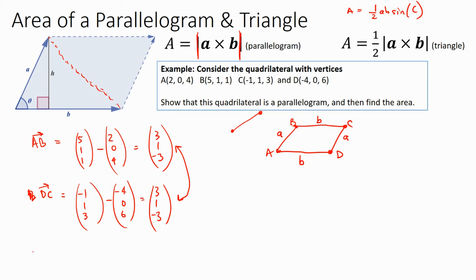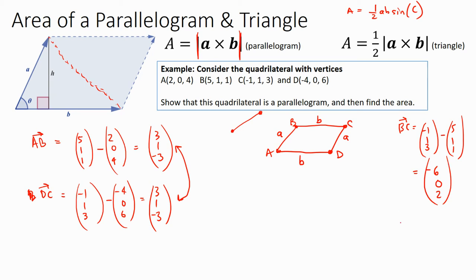So then I want to find BC. That's C minus B. So negative 1, 1, 3 minus 5, 1, 1. Negative 1 minus 5 is negative 6. 1 minus 1 is 0. 3 minus 1 is 2.